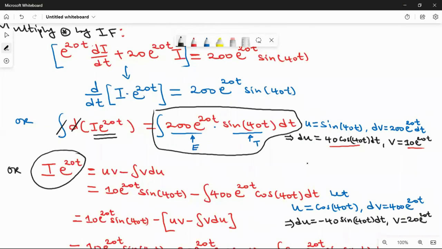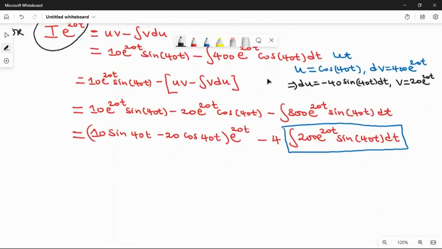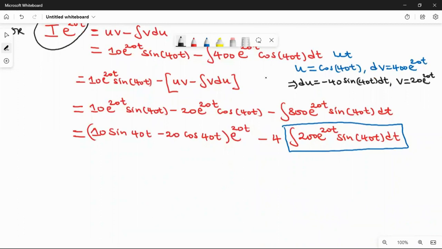So where we have that integral, we are going to replace it by I exponential 20t. So instead of this, it's the same as I exponential 20t. It's the one that we started with. And on the left, we still have I exponential 20t. Take note, it is the same I that we had on the left-hand side.